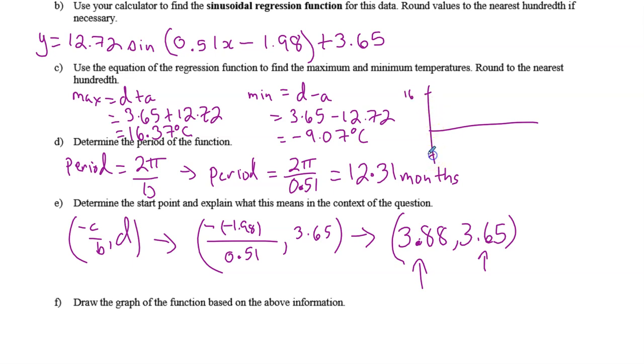Let's call that -10. Our average is 3.65. Our start point, so let's go 4 months, 8 months. Actually, you know what? Let's go by threes instead. So, hang on.